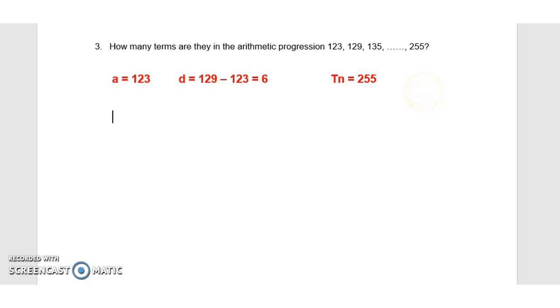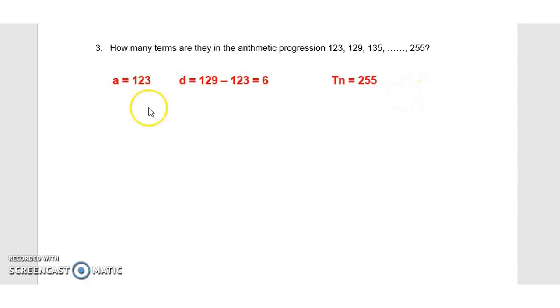Okay, now we use the general term formula for arithmetic. So Tn equals A plus n minus 1 times D. Substitute the values. Here we have Tn equal to 255. A is 123, the first term.